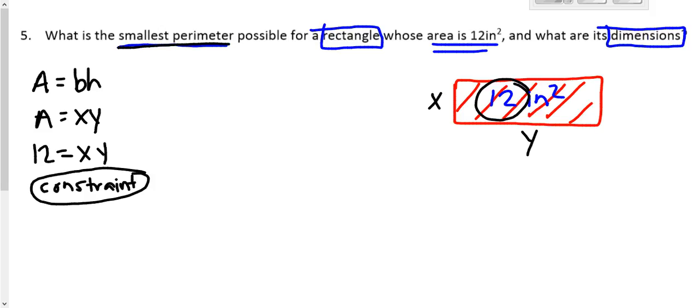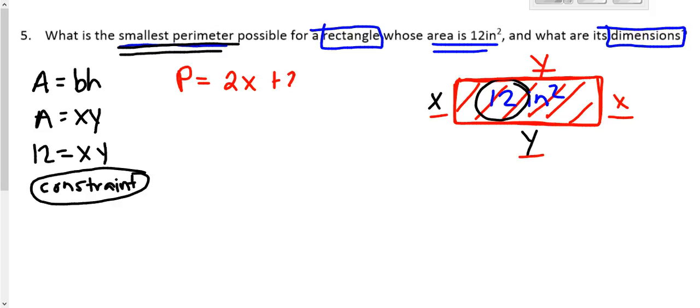What we need is the smallest perimeter. Both of these sides are X and both of these sides are Y. So the perimeter around this rectangle, call it P, would be two X's, 2X, plus two Y's, plus 2Y.